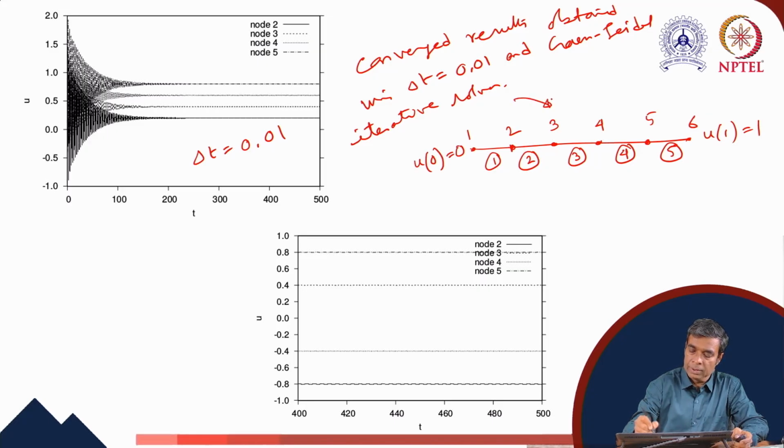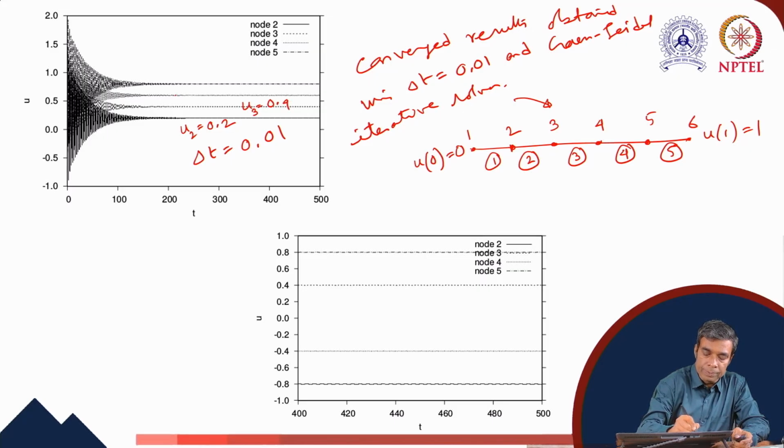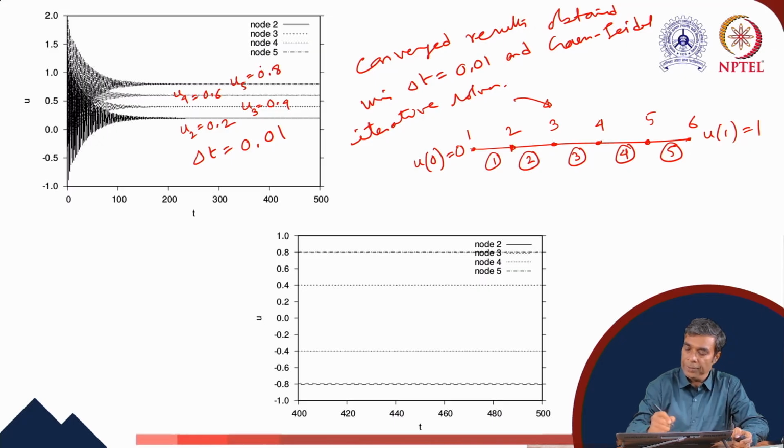Using this, we have got the solution. So here at global node 2, the value which we get is u2 equals 0.2. Here we get u3, this is 0.4, u4 equals 0.6, and here u5 equals 0.8.